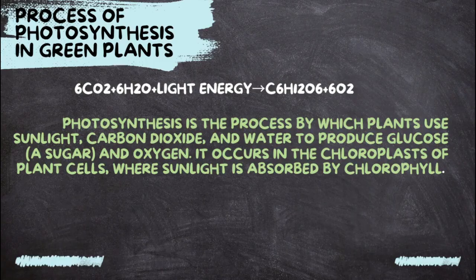For example, less food would be made, or there's some limiting factor. For example, we don't have enough CO2, or we don't have enough water. It can be not glucose, but enough sunlight, or maybe the chlorophyll. We can definitely have issues when producing food in the plant.